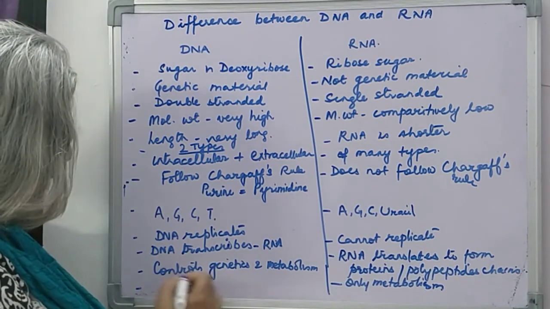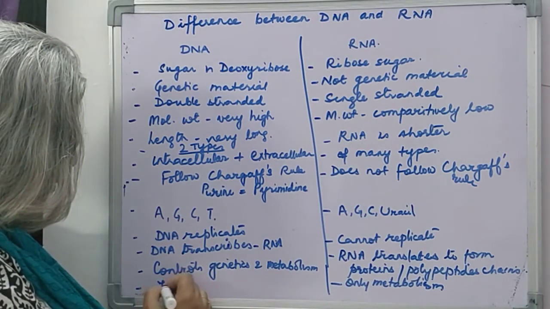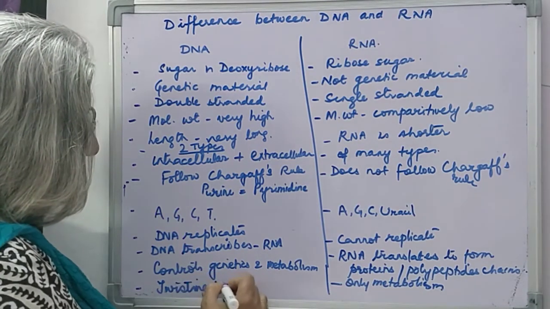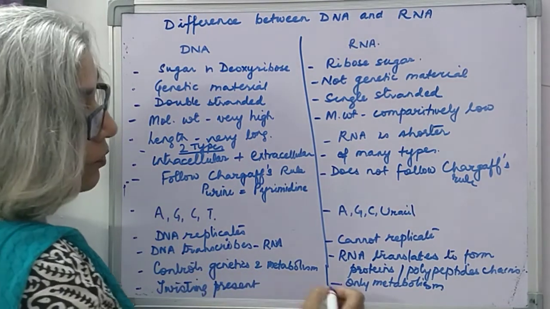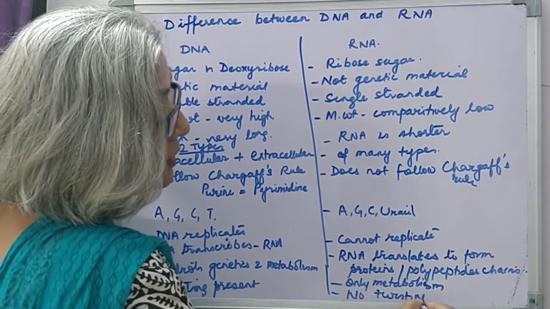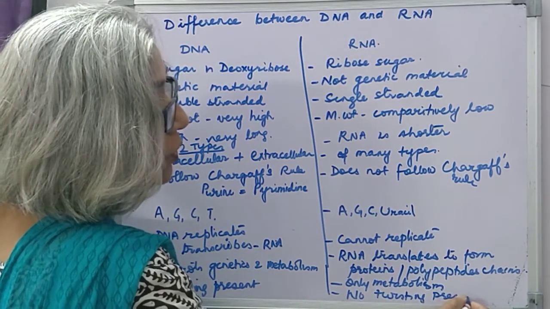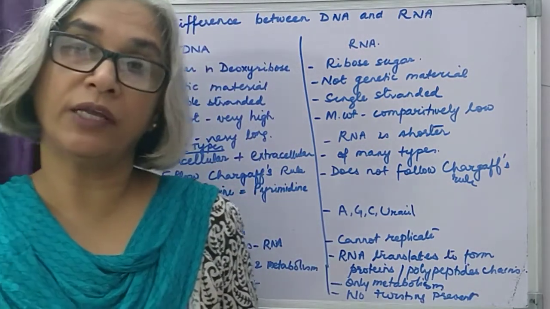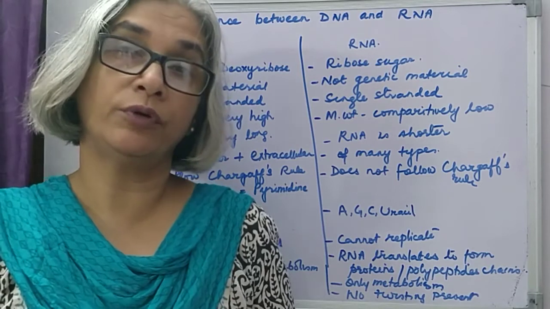And because DNA is a double helix, we see there is twisting present in DNA, whereas there is no twisting present in RNA. So these are the major differences between deoxyribonucleic acid and ribonucleic acid.